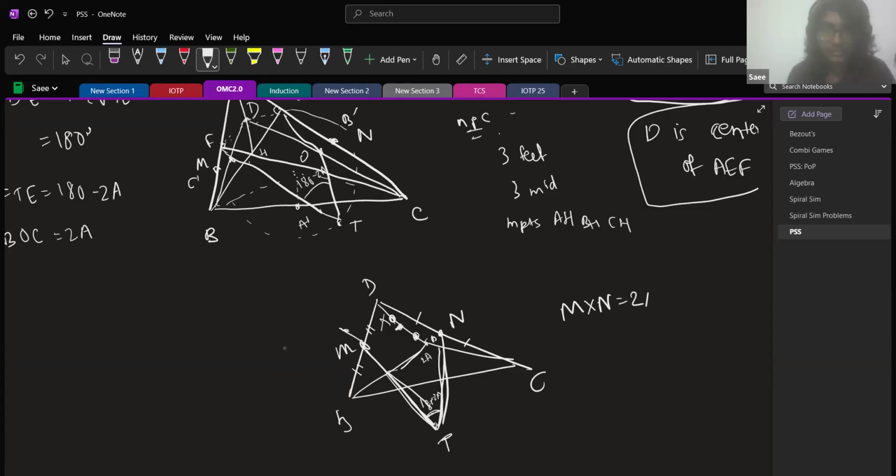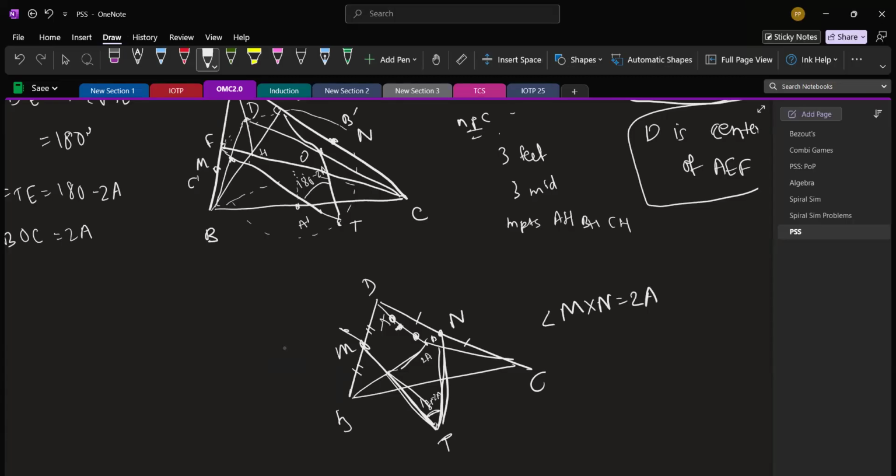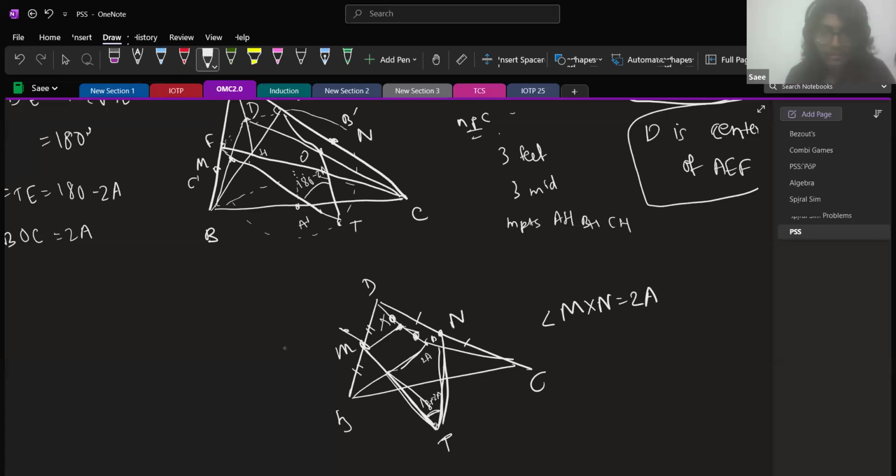And that X can't be D and it can't be further away from O, so it must be somewhere between. And then if we took the midpoint of DO, I think that satisfies it. Why?